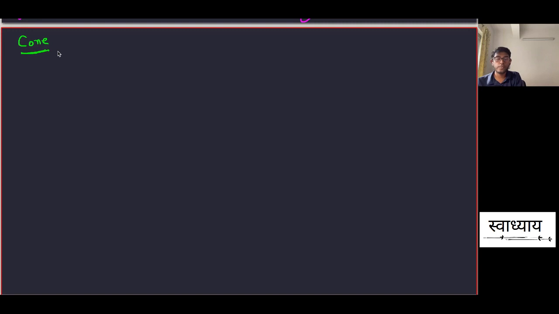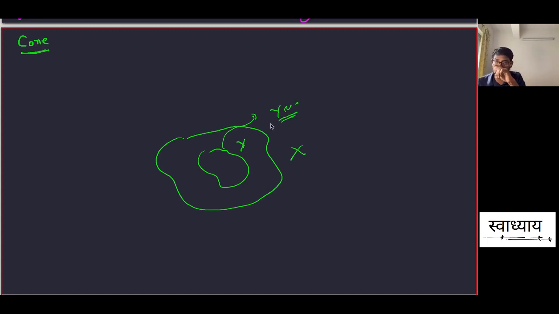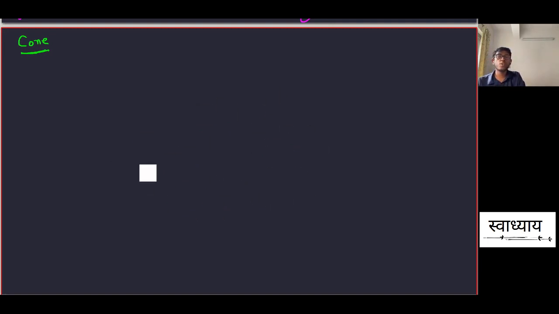As I told, if you have a space X, and I consider some subset Y and identify this Y to one point, this type of thing we'll now be discussing. That is something called a cone.